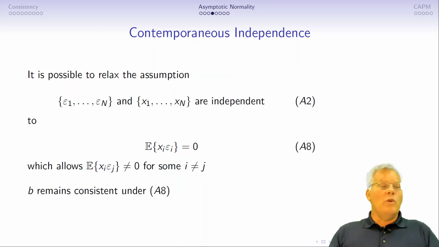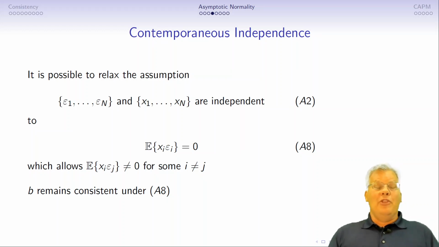Notice that what A8 does, in contrast to A2, is say that the explanatory variable and the stochastic disturbance term are contemporaneously independent. But we're saying nothing about how x_i and epsilon_j might be correlated for some i not equal to j.